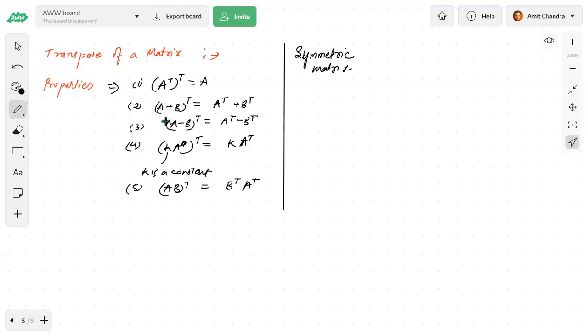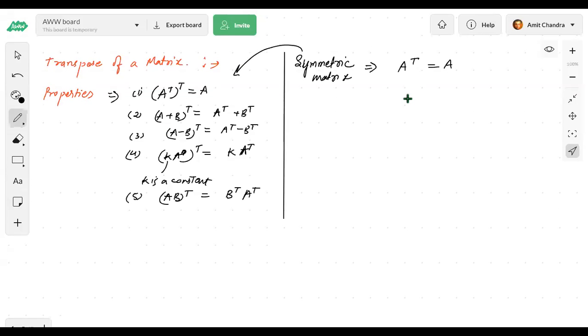So now we will see how we can define a symmetric matrix using the transpose of a matrix. If any matrix satisfies this property, if A transpose is equal to A, then it is a symmetric matrix. How can we get this? Because all the elements about the principal diagonal were the same, we can write this property, right?